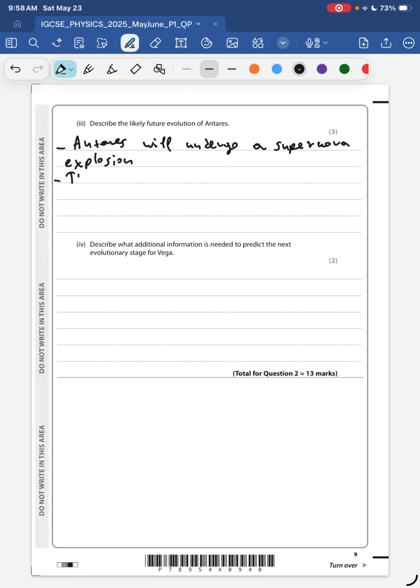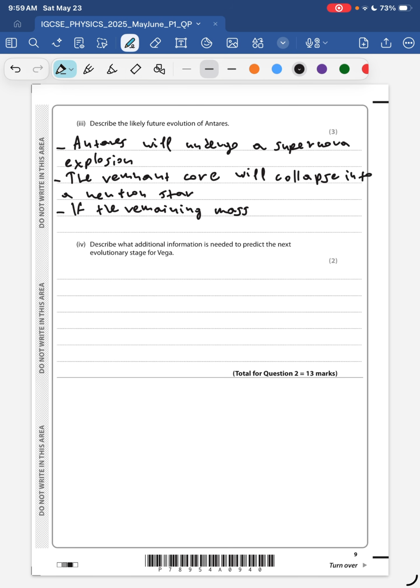The remnant core, okay, so whatever remains, the core of the star, will collapse into a neutron star. Okay, if the remaining mass is large enough, it will collapse further into a black hole.